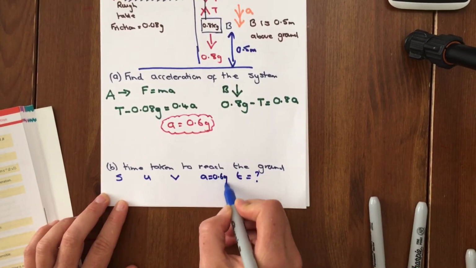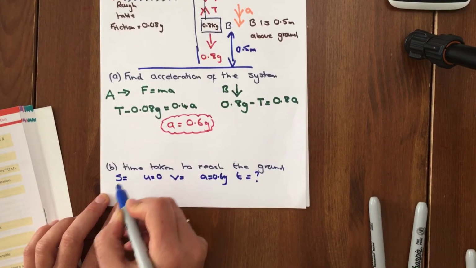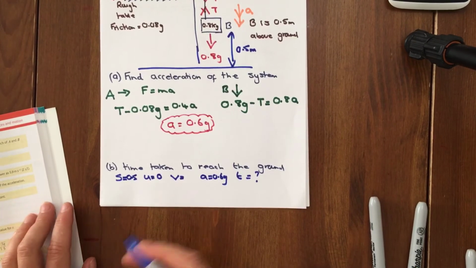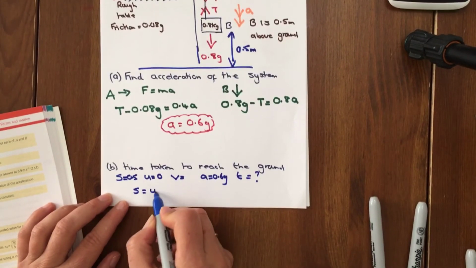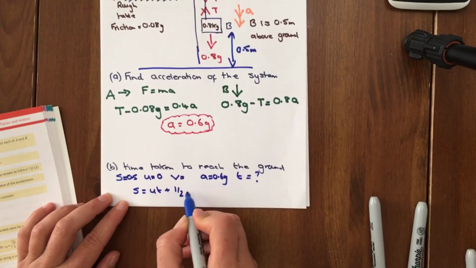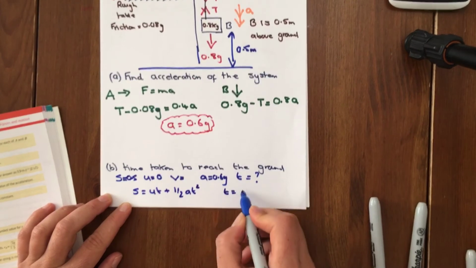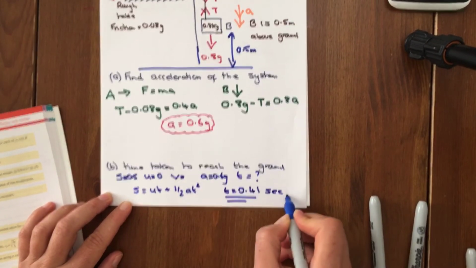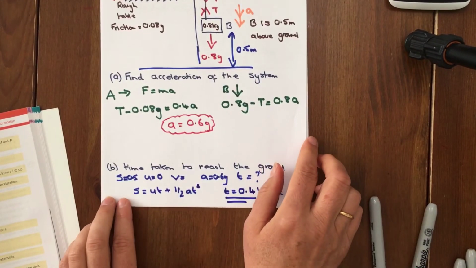You know acceleration. You don't know final velocity. It starts off at rest and the distance travelled is 0.5. You're going to bung all of that into s equals ut plus a half at squared, and you will get t to be 0.41 seconds to two significant figures. Right, nothing different to the first two examples.